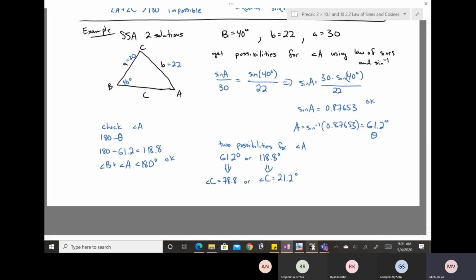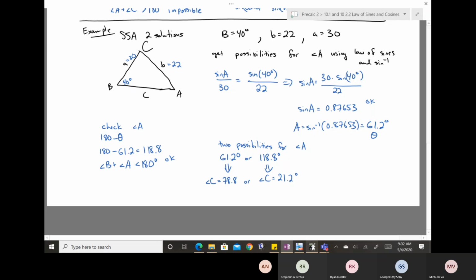So what you have to do now is take each possibility for angle A and then continue from there, right? So in terms of side C now, because there should be angle C, capital C. In terms of side C, again, for each of these two angles, you have to calculate side C separately, right?